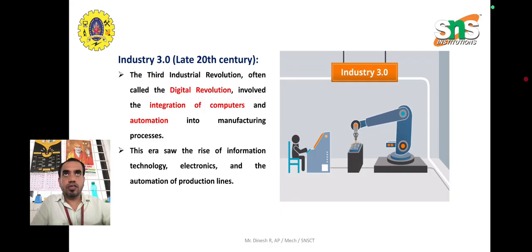Okay, so this is what Industry 3.0 is. Overall, when it comes to Industry 3.0, we have to understand that it's an integration of computers and automation. Okay, the terms automation, robotics, and everything came into effect in the era of Industry 3.0.